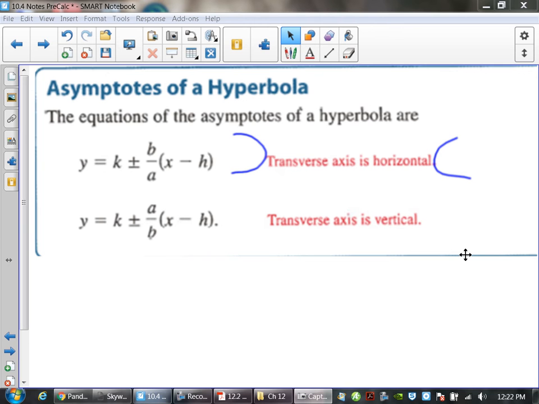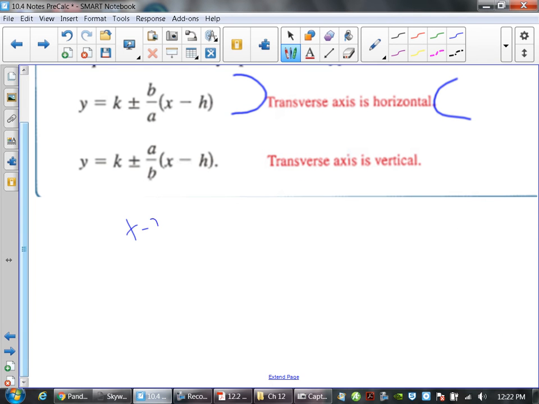So if we look back at the equation we just had, (x minus 2) squared over 4 minus (y minus 2) squared over 5 equals 1, and we knew that this was a left-right hyperbola.